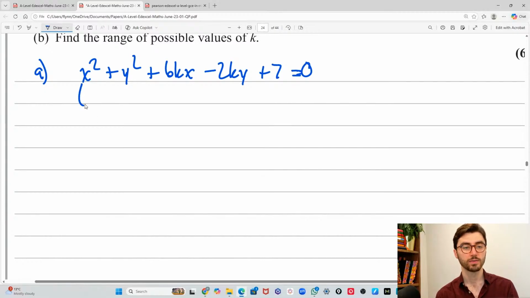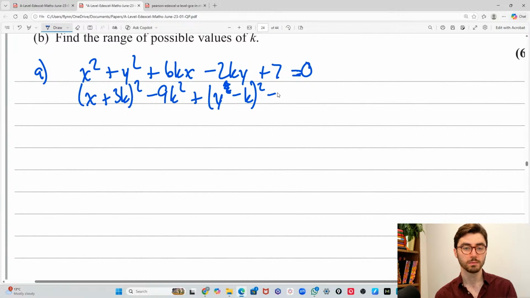So we have x plus 3k all squared. Don't move on yet. I've got to subtract off this thing squared, which is 9k squared. And then I've got y minus k all squared, minus that thing squared, which is k squared, plus 7 equals 0.